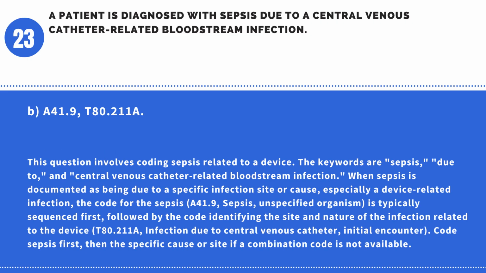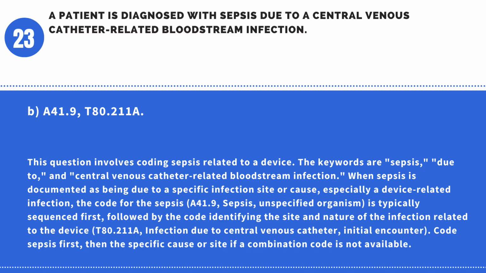Answer: B. A41.9, T80.211A. This question involves coding sepsis related to a device. The keywords are sepsis, due to, and central venous catheter-related bloodstream infection.